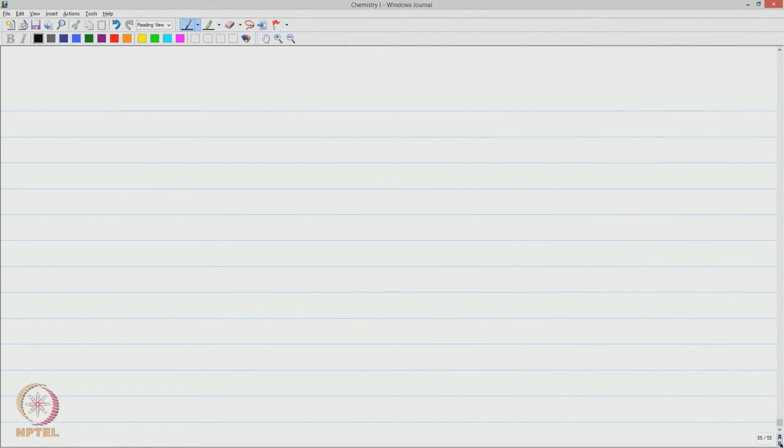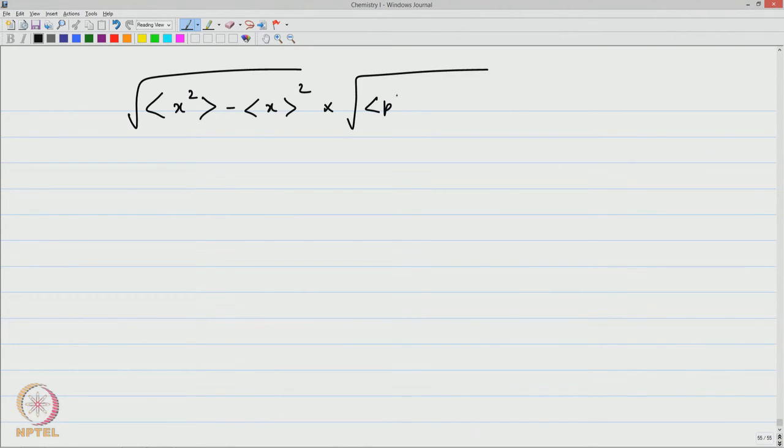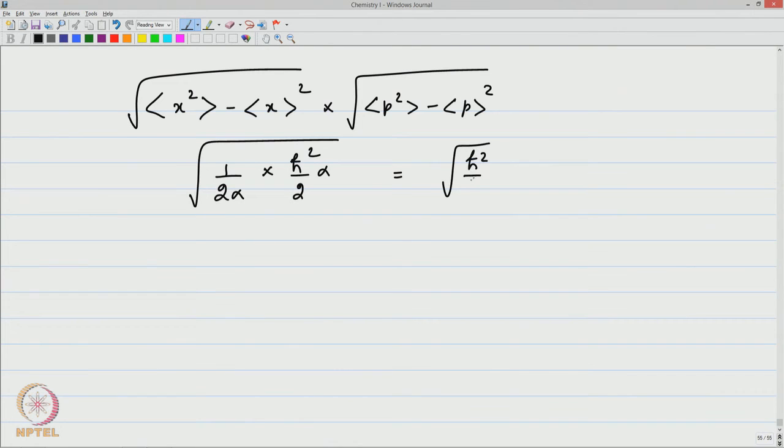Therefore, the square root of the average of x squared minus the average of x, whole squared, times the square root of the average of p squared minus the average of p, whole squared, becomes the square root of 1 by 2 alpha, because this is 0, times the square root of h bar squared alpha by 2. And that is nothing but the square root of h bar squared by 4. So, it gives you h bar by 2.